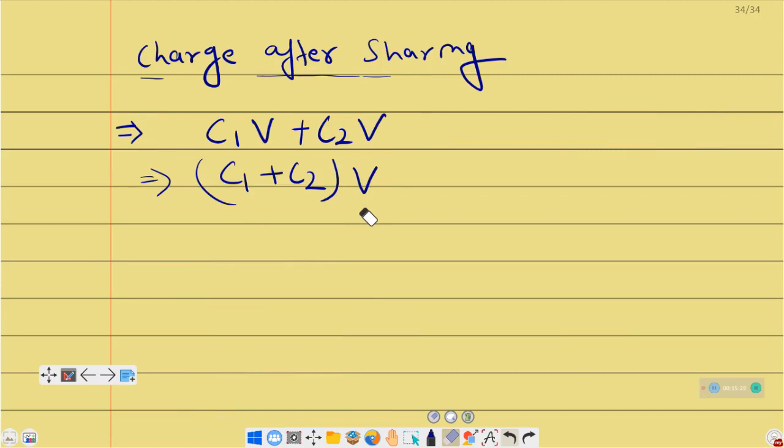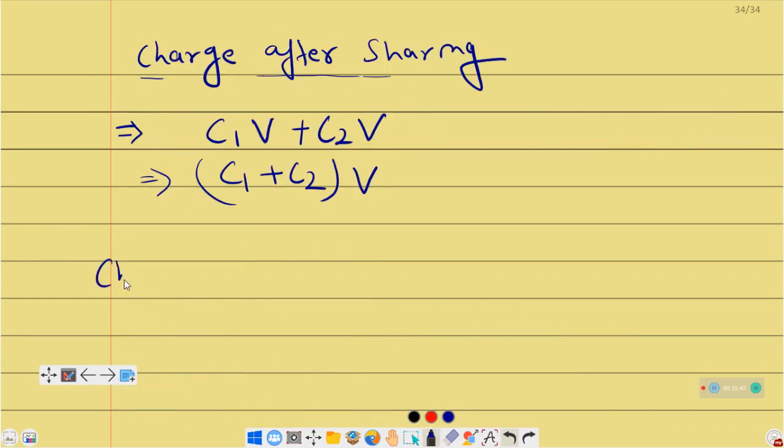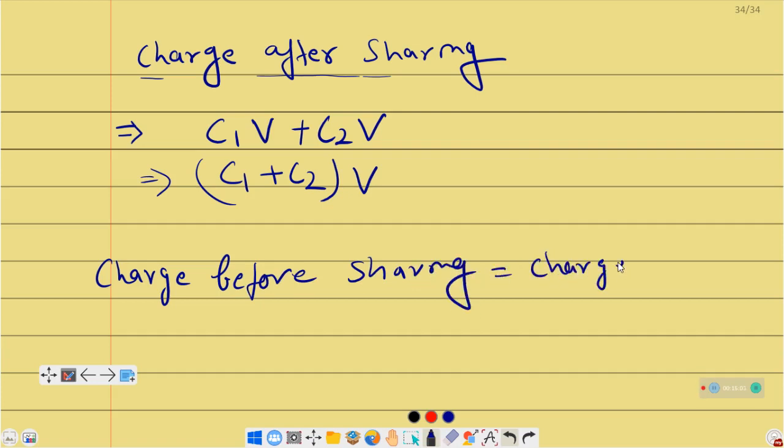As I told you, no charge is lost in the process of sharing or connecting. So the charge before sharing will equal the charge after sharing.